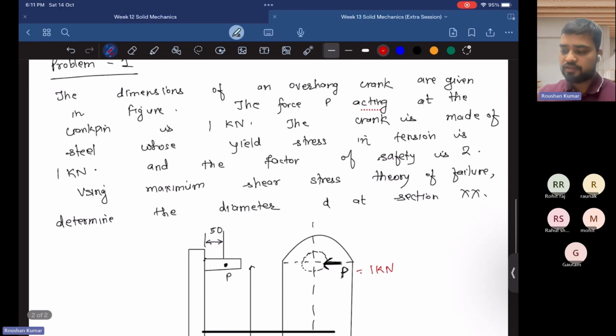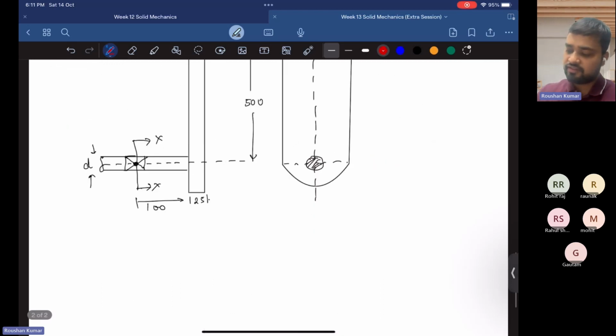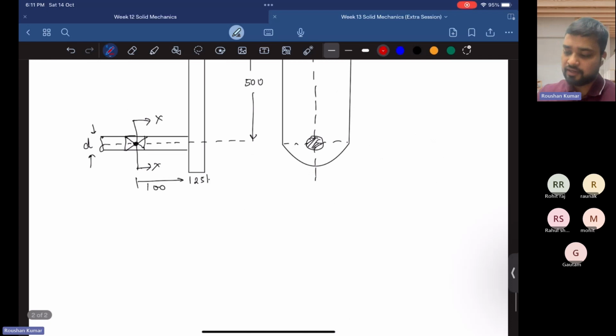The crank is made of steel whose yield strength in tension is given, and the factor of safety to be taken is 2. Using the maximum shear stress theory of failure, determine the diameter D at section XX. What is the diameter of the crank based on the maximum shear stress theory?